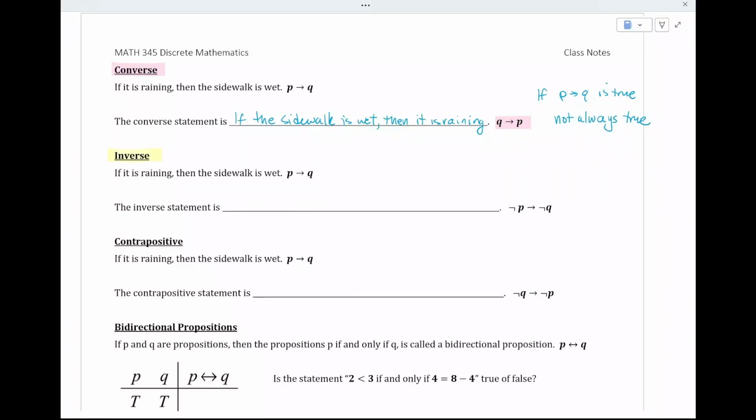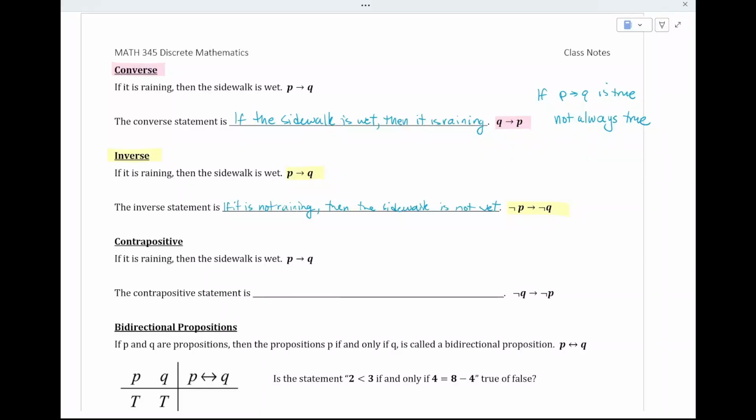Next up is inverse. If we look at the conditional proposition P implies Q, its inverse is not P implies not Q. So same order, but we're adding in the nots. So here I have the inverse: if it is not raining, then the sidewalk is not wet.